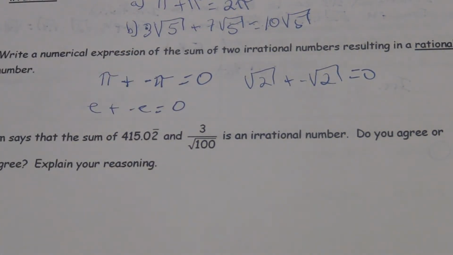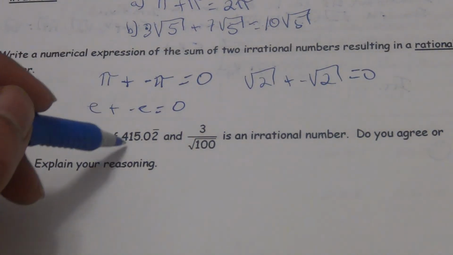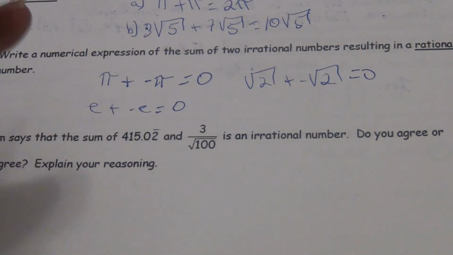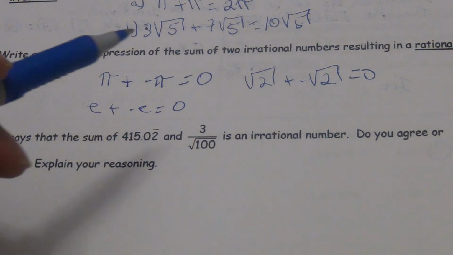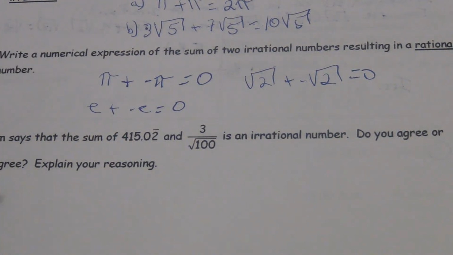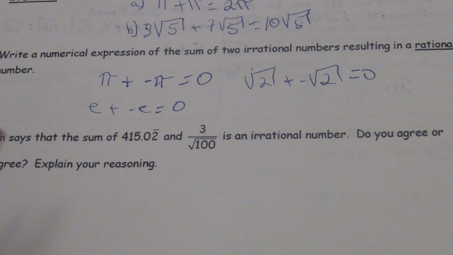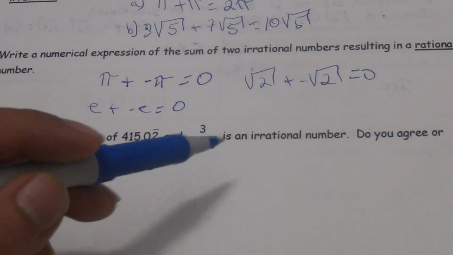Look at the rules and you say, based on these facts, or based on my reasoning, the sum of this plus that results in a rational or irrational number. Or you could start with, I agree with this statement, or I disagree with that statement, because when you add this to what kind of numbers, you obtain that.